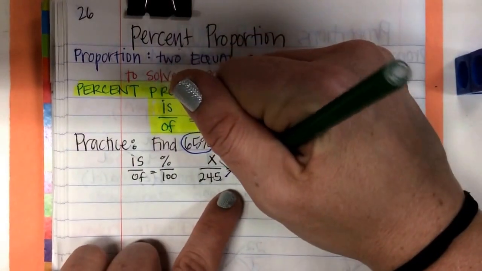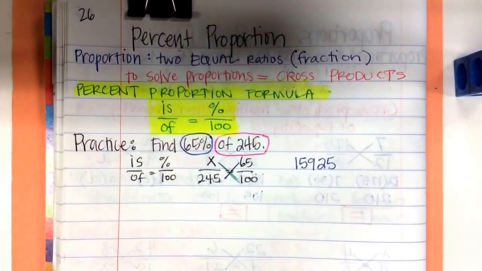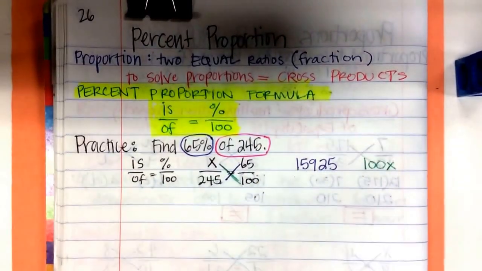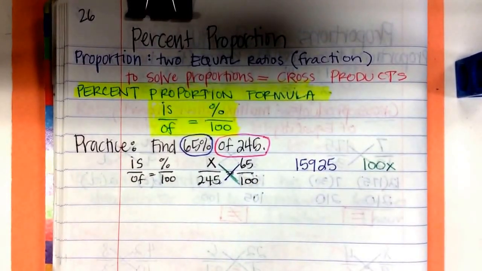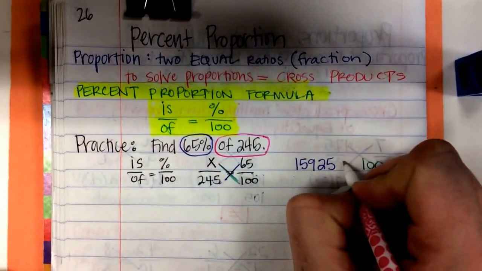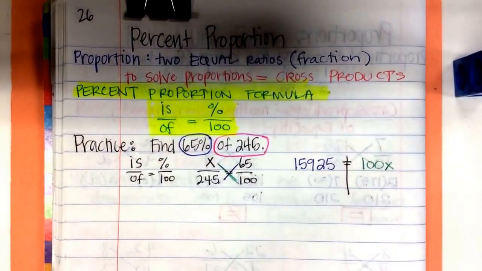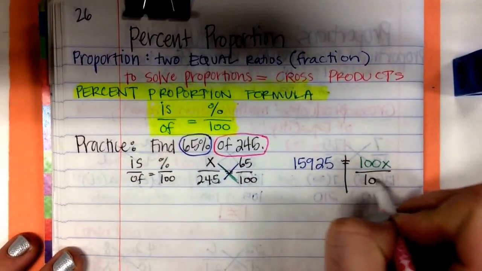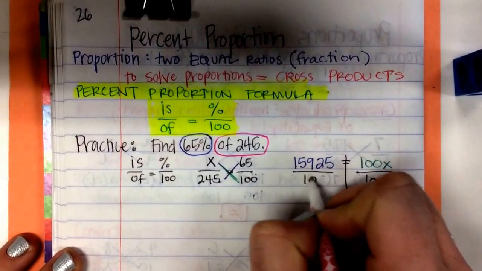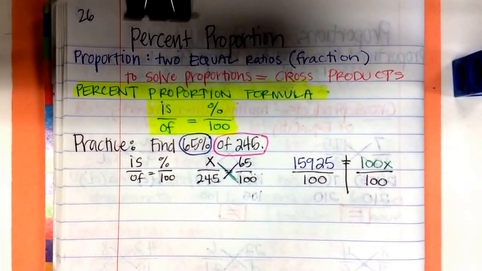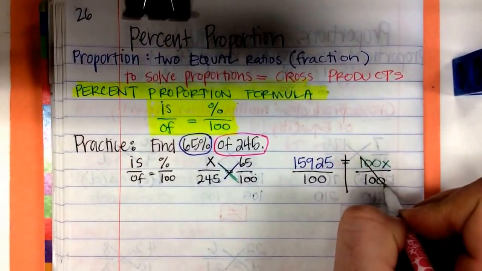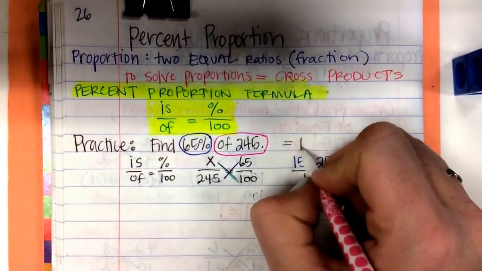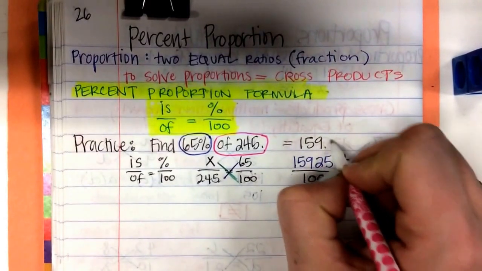What's x times 100? 100x. What are you going to do? Divide by 100. That means move your decimal 2 times. 159.25.